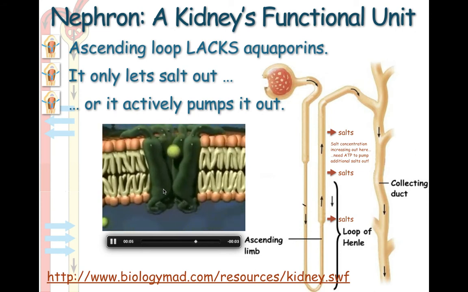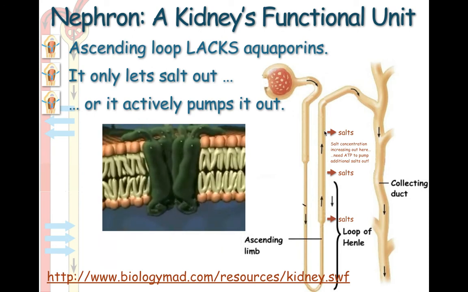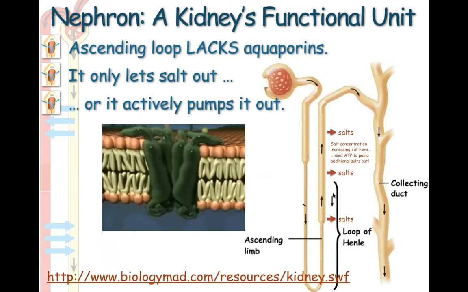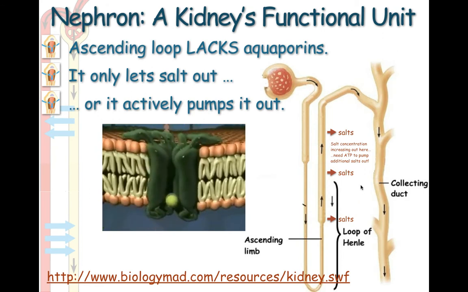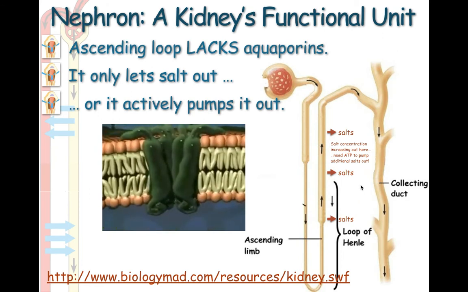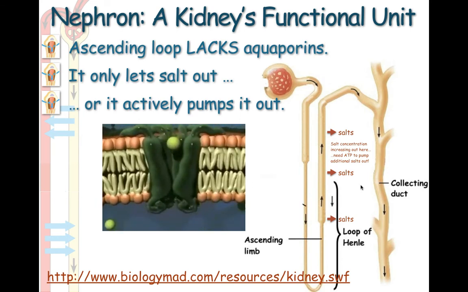But nevertheless, we continue to remove salts from the ascending limb and make this space in between the ascending limb and the collecting duct as salty as possible. And you may be asking why, and I will explain in just a second.